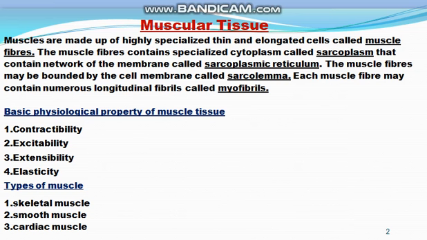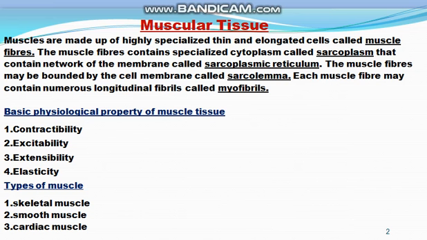Muscular tissue, like all other tissues, is also made up of cells, and the cells of the muscular tissue are called muscle fibers. They have the cytoplasm which is called sarcoplasm, and in the cytoplasm there is a network of membranes which is known as sarcoplasmic reticulum, and the cell membrane of the muscle fiber is known as the sarcolemma.